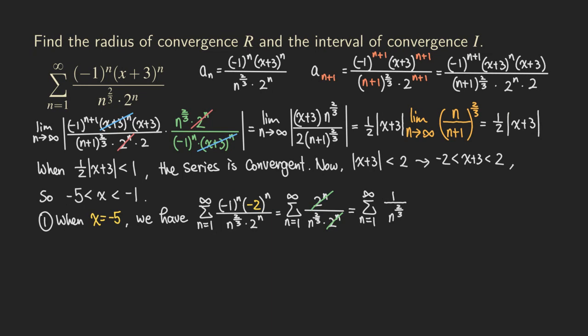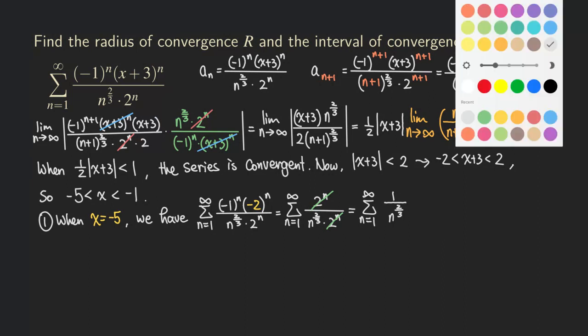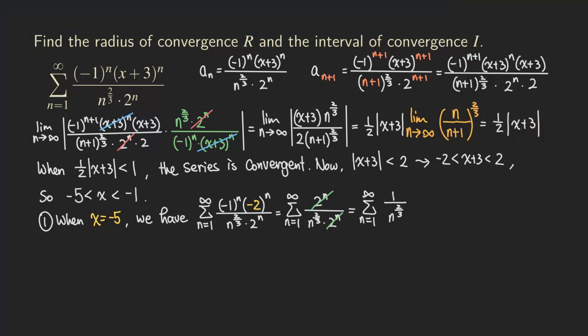We're getting a p series right here, where p is 2 over 3. So this series is divergent, because p is 2 over 3.